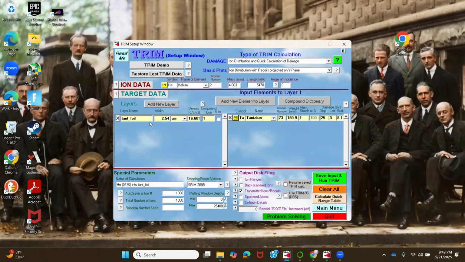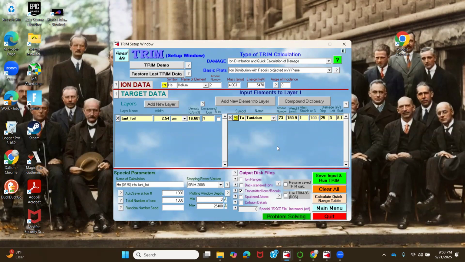But you do have to figure out the thickness of your foil and the incident energy, but those are easy to find. And then basically what you do is you run a simulation for how many of those alpha particles will get through, or if they will get through, based on the thickness and their incident energy.